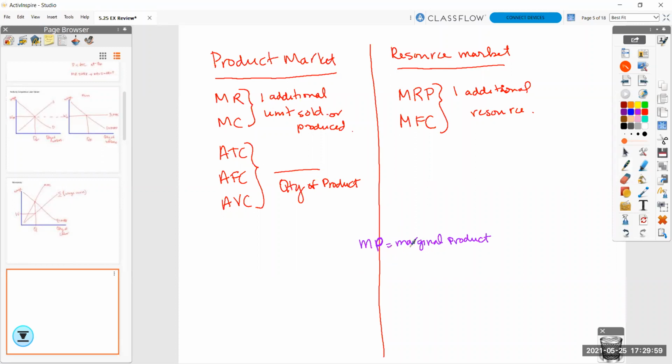But that law of diminishing marginal return also impacts the marginal cost. Now, the big difference between MFC and MC is that this is for one resource, where the marginal cost over here is for everything put together.